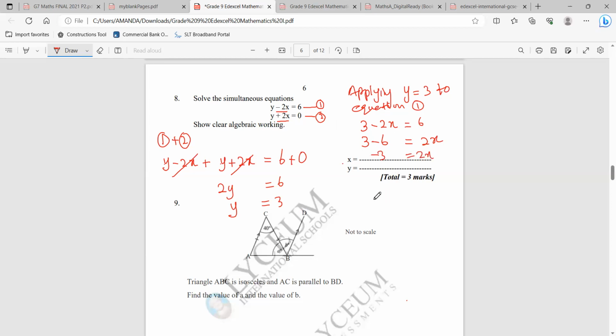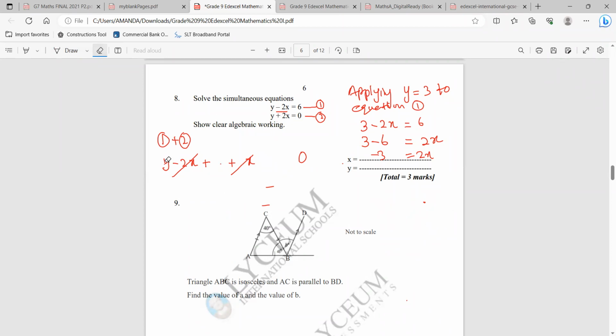So x is equal to negative 1.5. Y is 3. These are the two answers. This is giving you 3 marks. Okay, so that's done. Now we can move to question number 9.